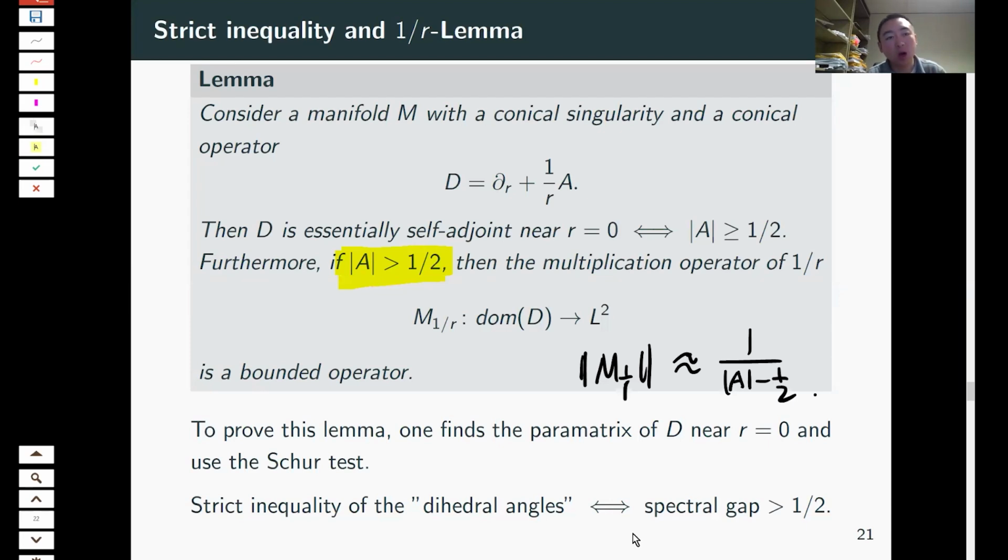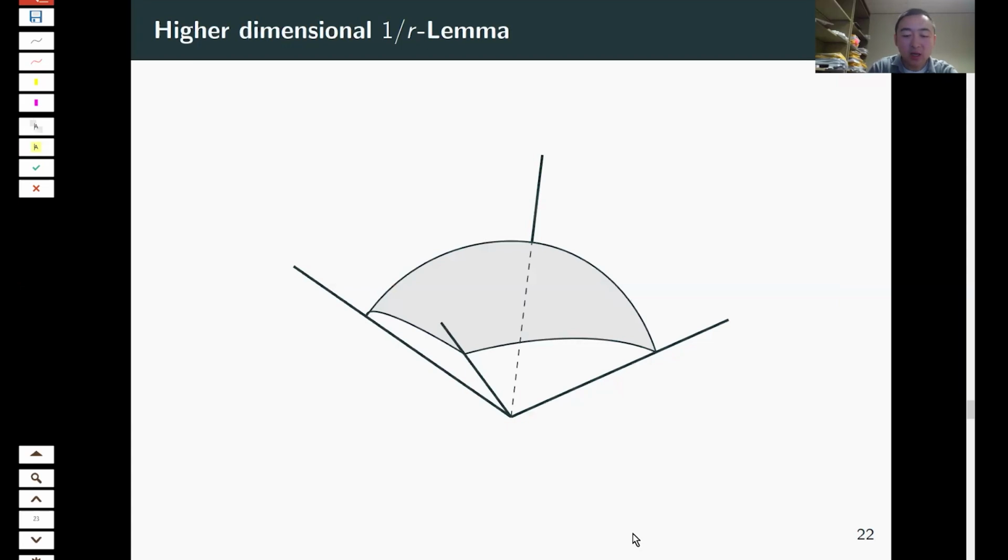Now with this 1 over r argument, we do have the index homotopy equivalent. But just in case you might ask, this is just the 2D case. What about higher dimension? In higher dimension, like say this 3D picture, if we do the deformation, we'll definitely still have a 1 over r, where r is the distance to the vertex.